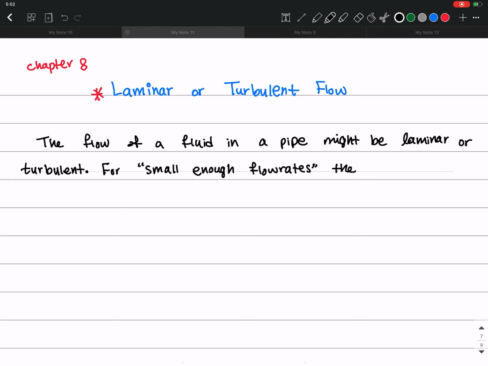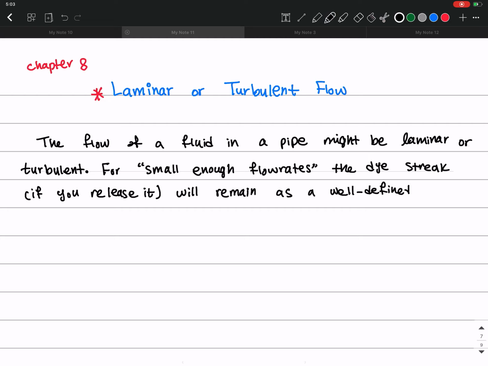the dye streak, if you let a dye in a fluid that is moving, the dye streak, if you release it, will remain as a well-defined line as it flows along.